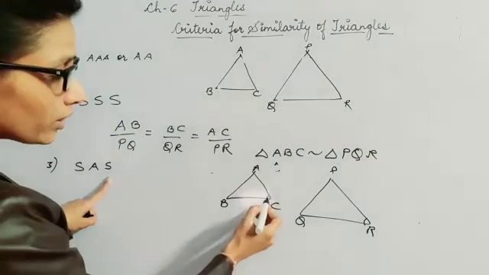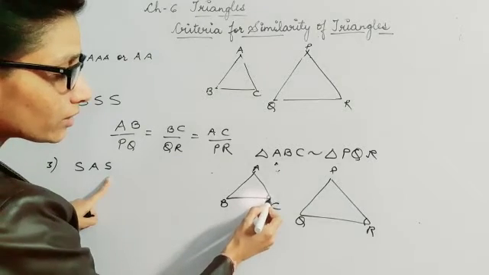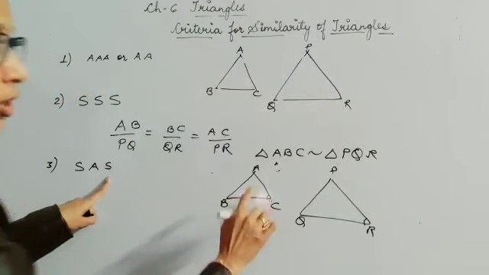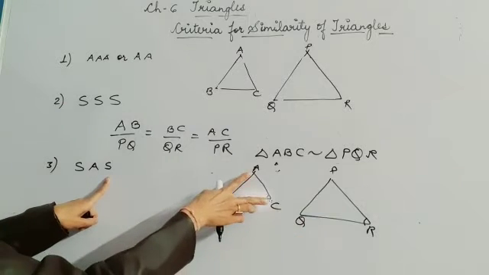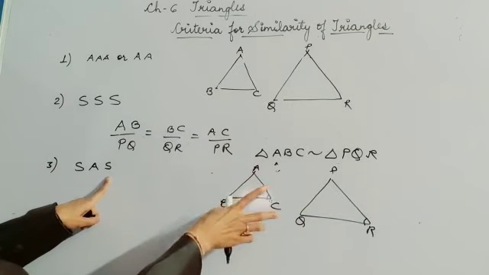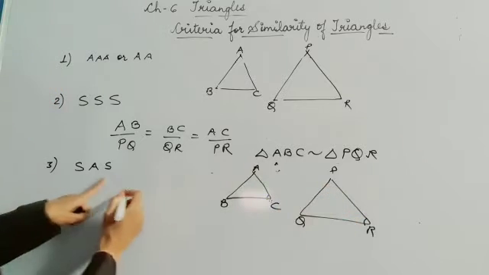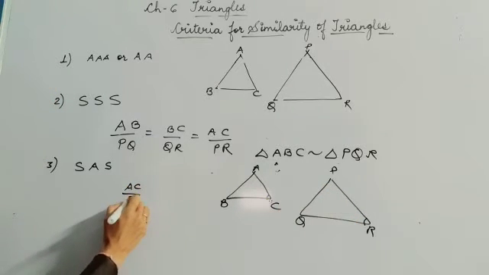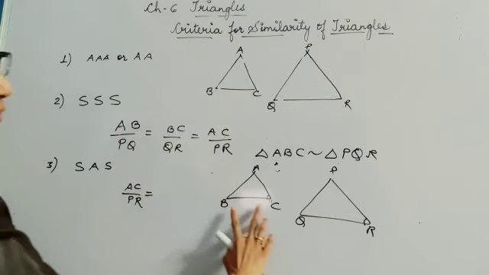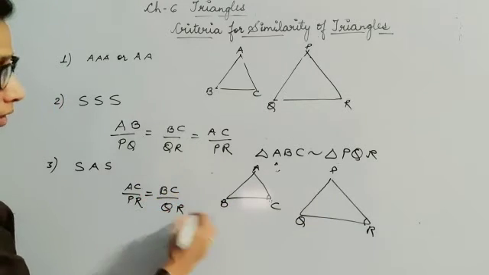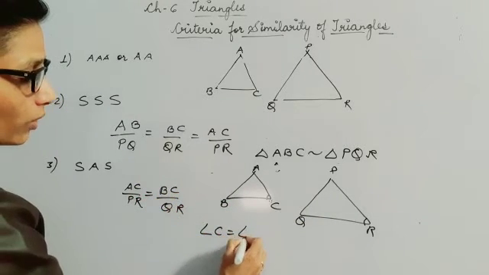You need to see which angle is there, angle C, which is made by AC and BC. So you will be taking the ratio of which two corresponding sides? It should be AC by PR. That means AC by PR is equal to BC by QR, and angle C equal to angle R.